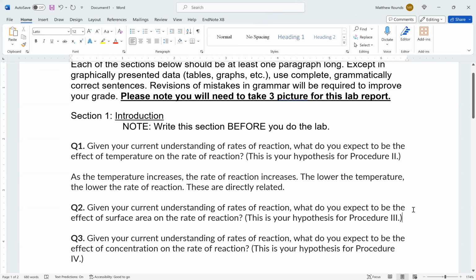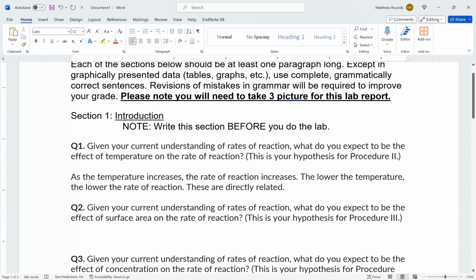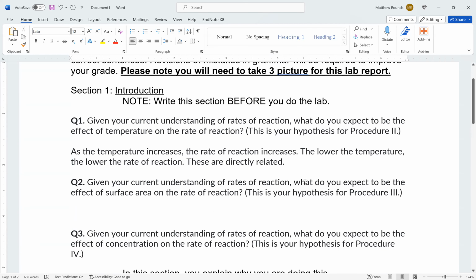Okay, great. Now for question 2, give your current understanding of rate of reactions. What do you expect to be the effect of surface area on the rate of reaction? I do not know. So what did we say yesterday? Oh my God, I forgot.